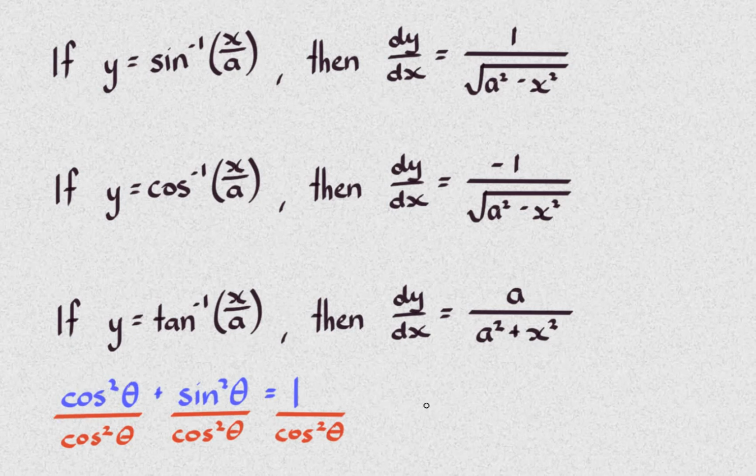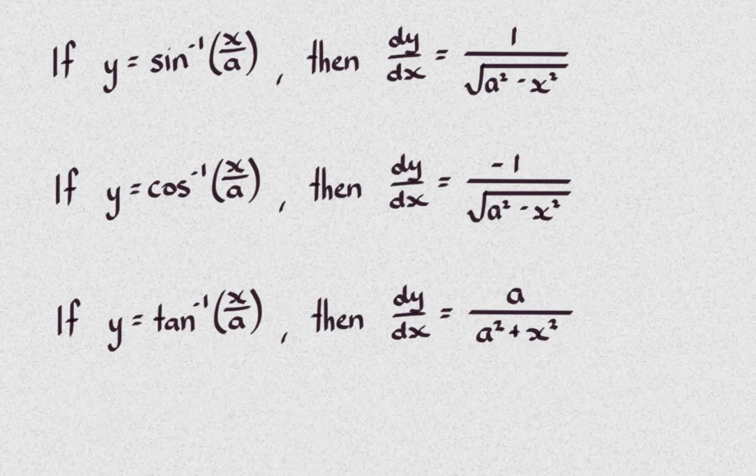So this first term becomes 1 plus tan squared theta equal to 1 over cos squared theta, which is sec squared theta. And so we use this relationship in our proof for the derivative of inverse tan.